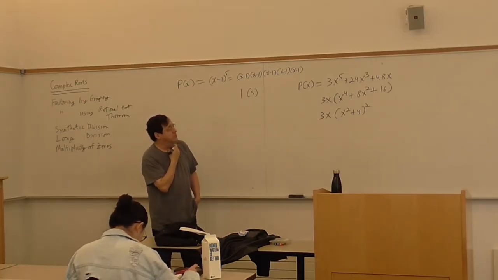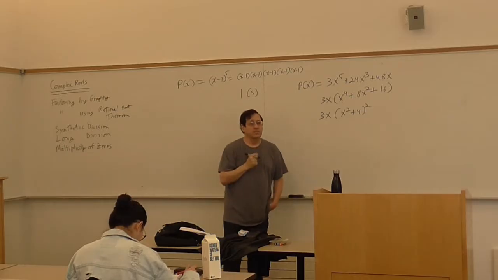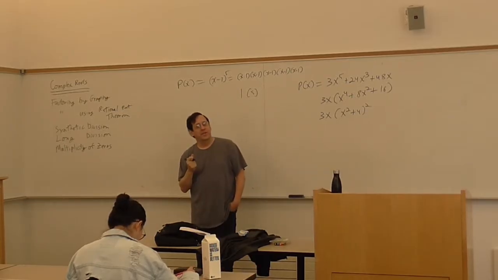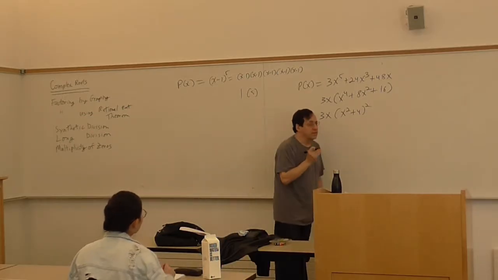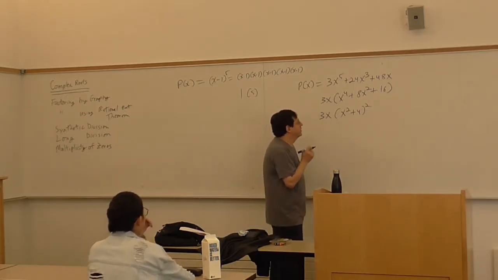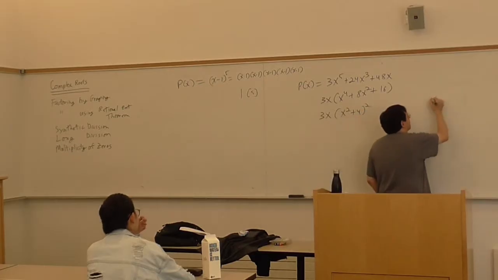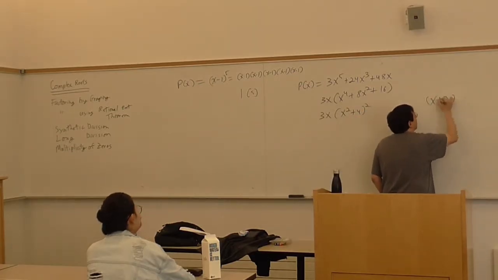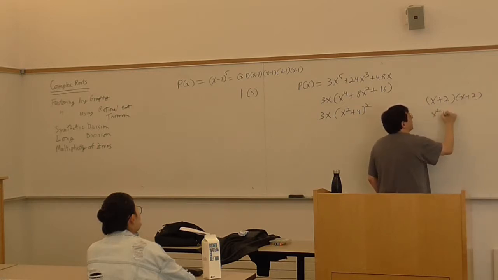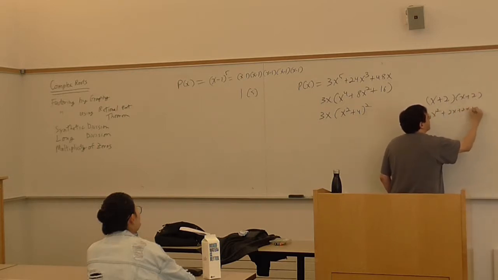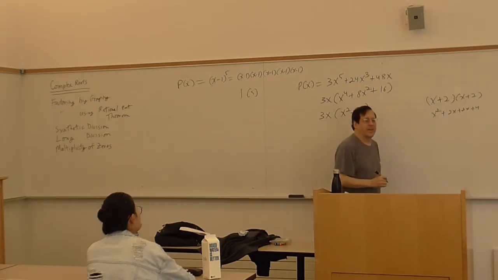No, I don't. Okay. Zoe, do you want to answer? X squared plus 4? Isn't it x plus 2, x plus 2? It would be great if it was. It's not though. So x squared plus 2x plus 2x plus 4.